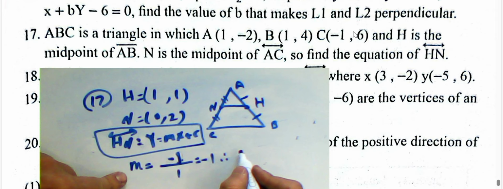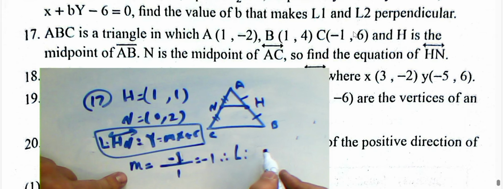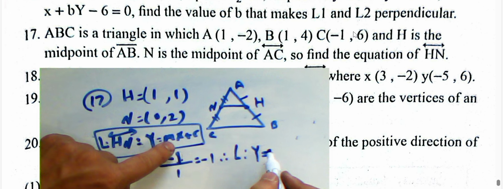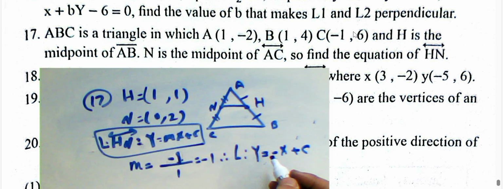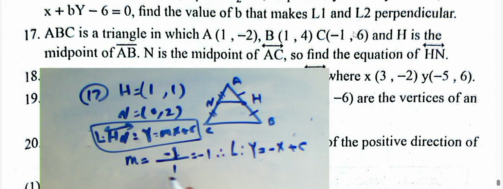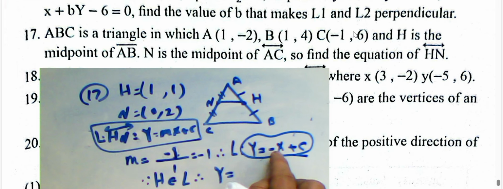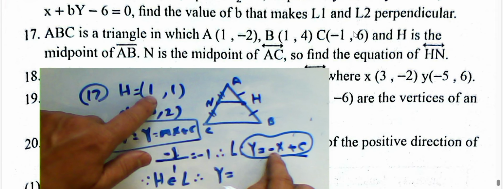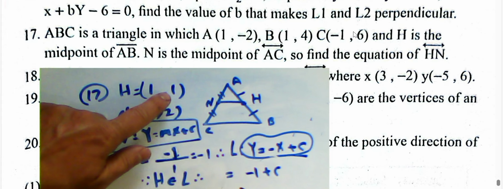And you can write the equation. Then the straight line L: y equal the slope -1 times x, so -x plus constant. Now I will choose any point, H or N, which lies on straight line L, so it satisfies this equation. y equal -x plus constant. x for H was 1, so -1 plus constant, and y equal 1.